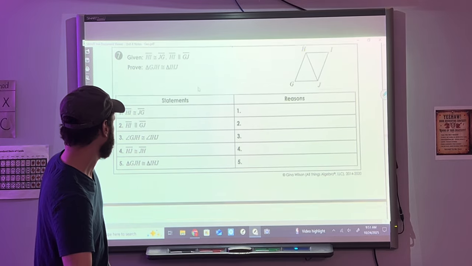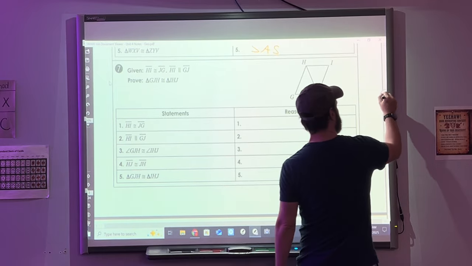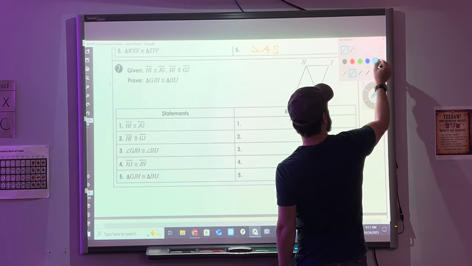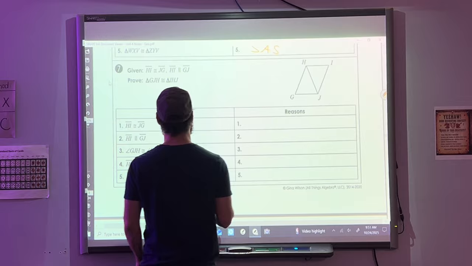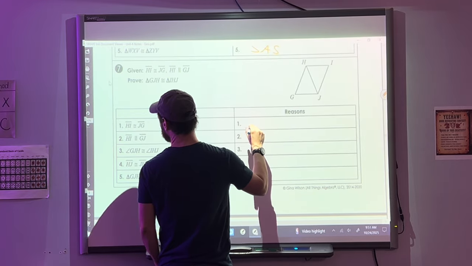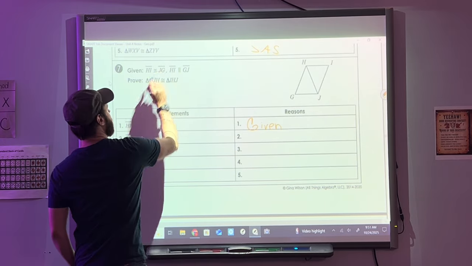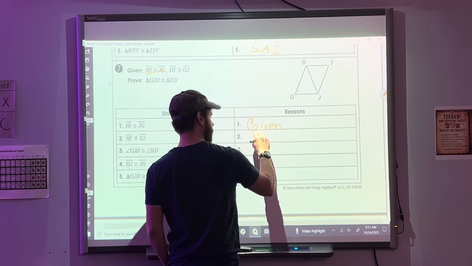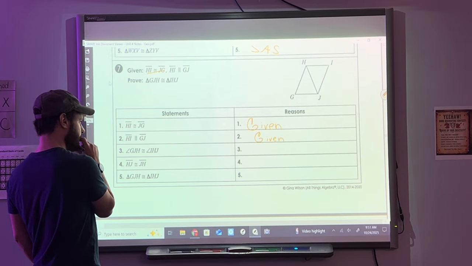Is this the last one? Yes, ma'am. All right, we have a couple givens, and I see a parallel. That parallel is important. That parallel probably tells me that I'm going to look for some kind of angle relationship statement. But before that, get my free points. Okay.